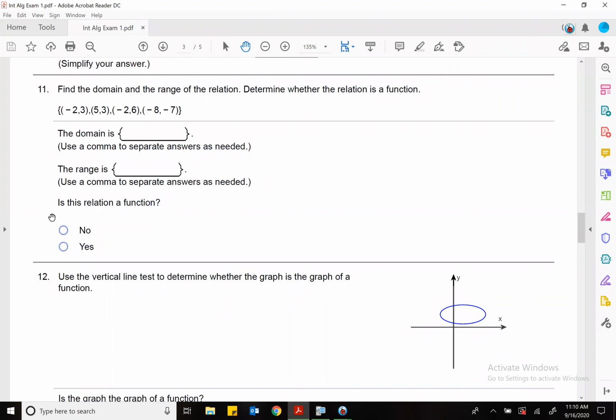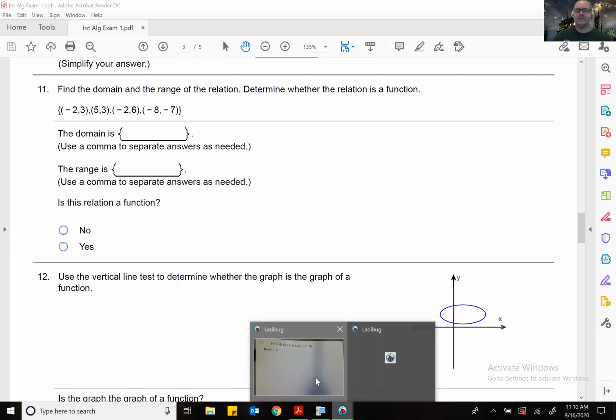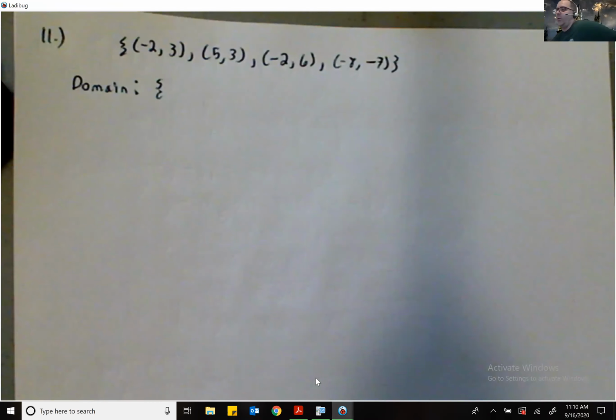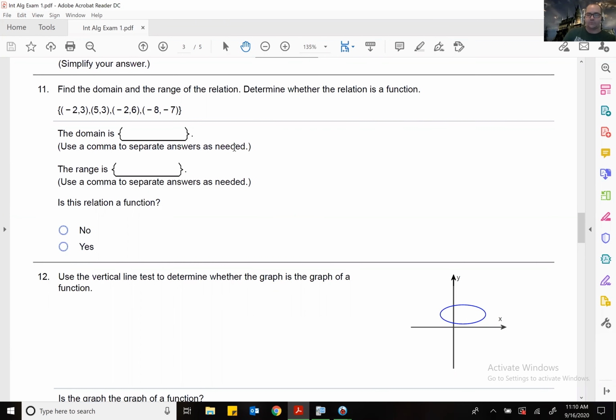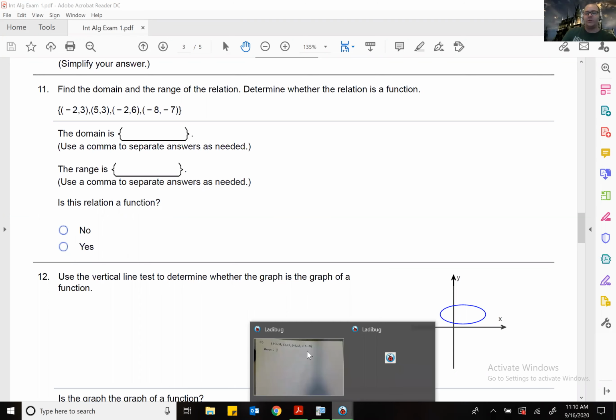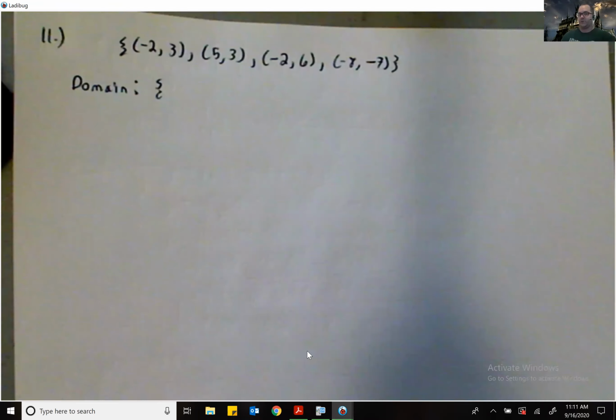-2. Okay. It doesn't matter the order, right? Normally when we write sets, I like to put them in order from least to greatest. Again, it looks like for this, they just say separate the answers with a comma, but you should put sets in order from least to greatest.